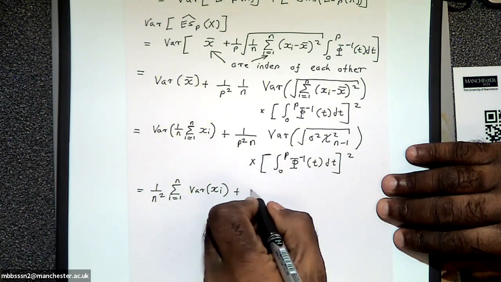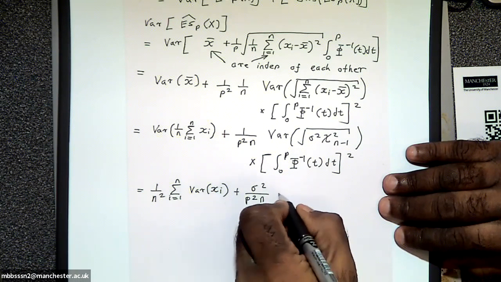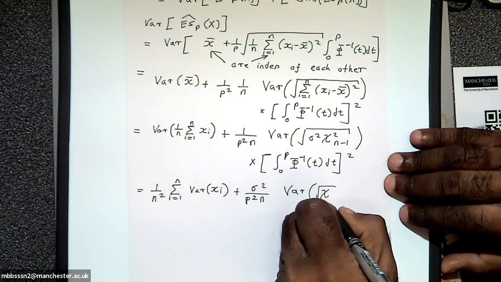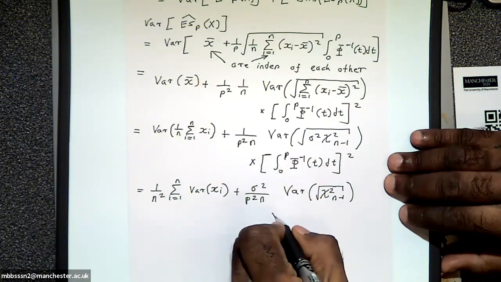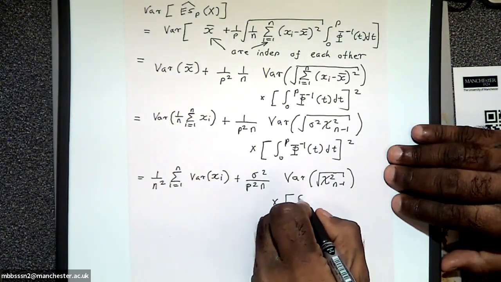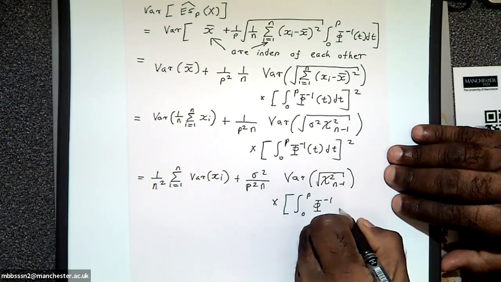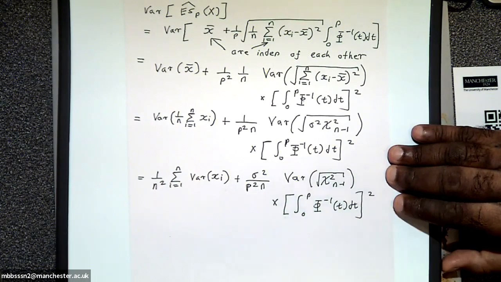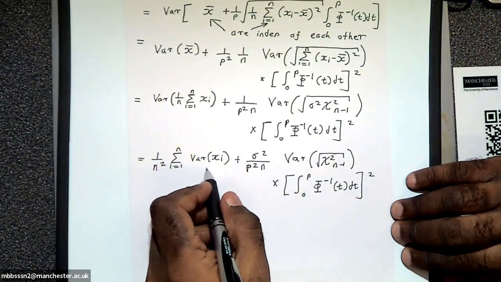So it becomes sigma squared divided by p squared n times the variance of the square root of chi squared n minus 1, multiplied by, yeah, and the variance of xi is sigma squared, right?